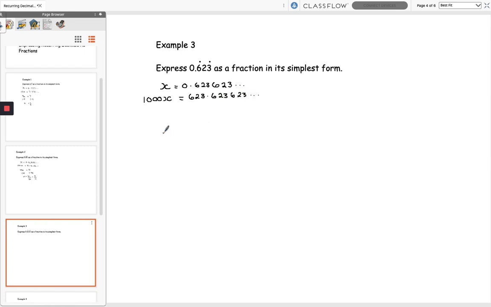Again, I'm going to find the difference, so I'm going to take the first equation away from the second one. So 1000x take away x is 999x, and 623.623 recurring take away 0.623 recurring is going to be 623. Now I'm going to divide both sides by 999.